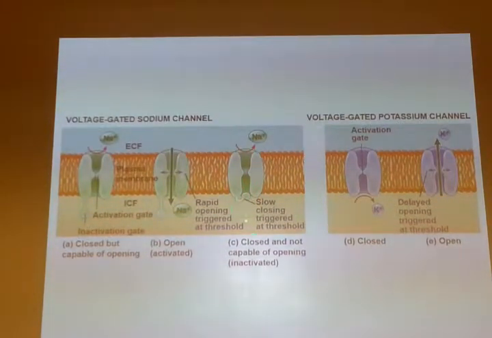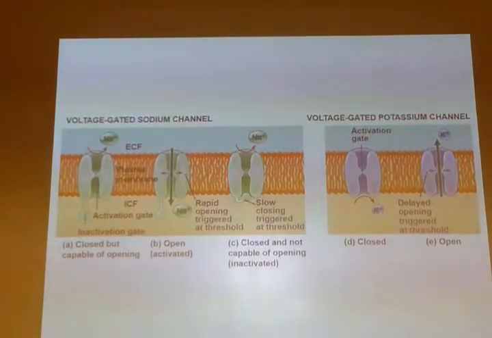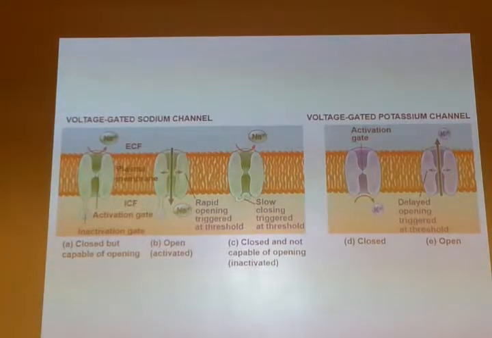Okay, so when the pumps pump the positive charge back out, 3 sodiums go out, 2 potassiums come in, but overall you start getting more positive charge out, and the outside now starts to become positive again. The inside becomes negative again, and you're back to resting membrane potential.